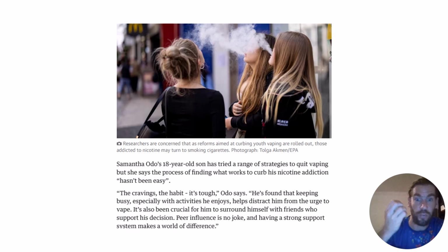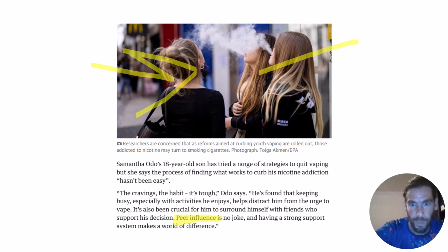Also, we see the subject of peer pressure, and something that is very present with you guys. Peer influence, or in other words, peer pressure. So you see a picture of two ladies vaping, and you read the following. Samantha Odo's 18-year-old son has tried a range of strategies to quit vaping, but he says it hasn't been easy.